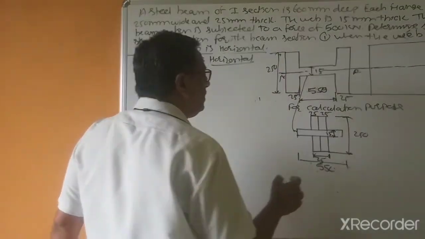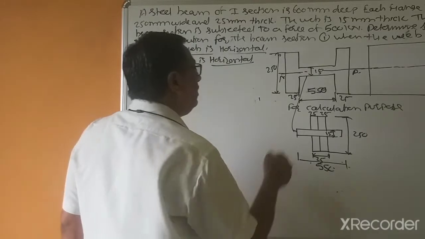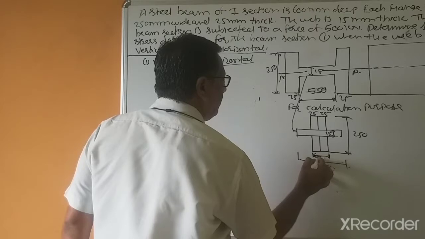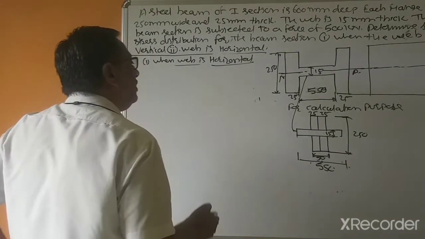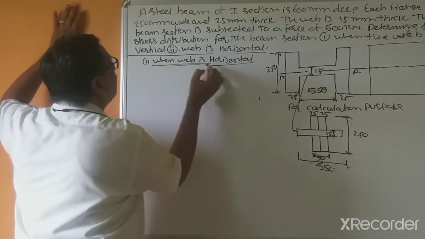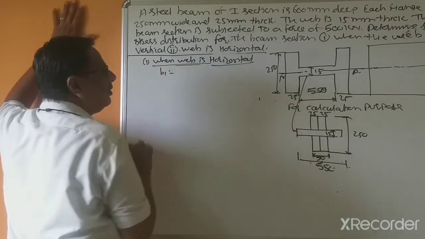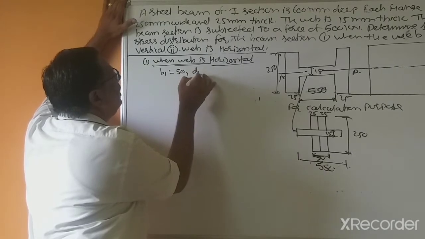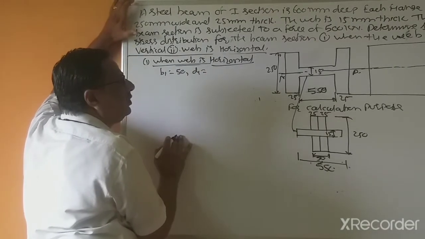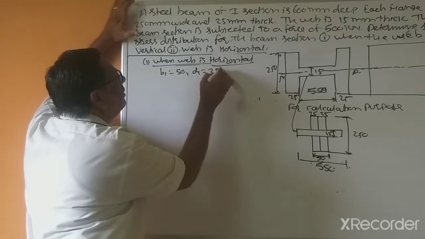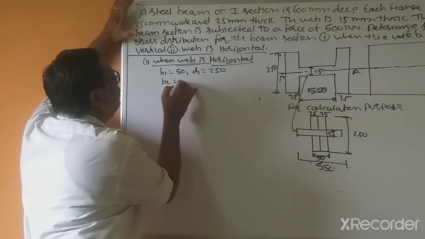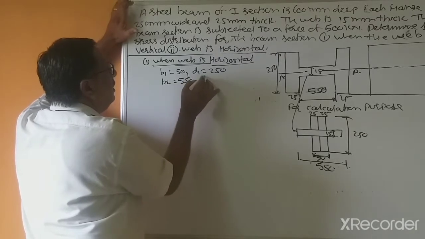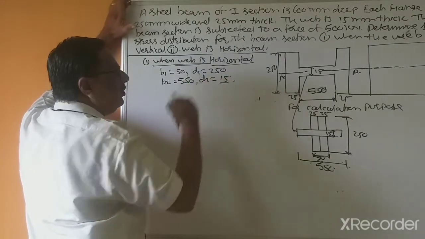So that's why this is one. This is not 25. This is 50. So B1 equal to 50. D1 equal to total 250 and B2 equal to 550 and D2 equal to 15.